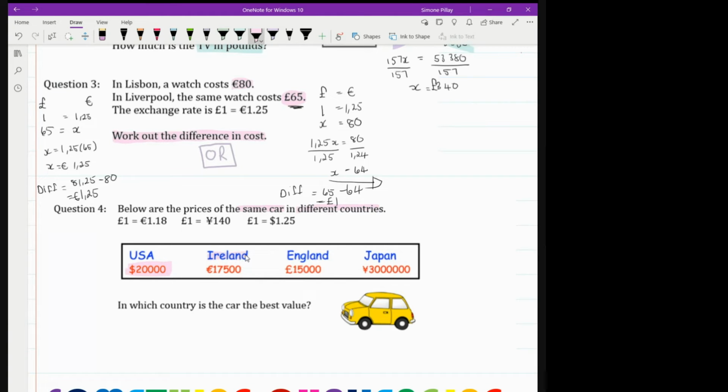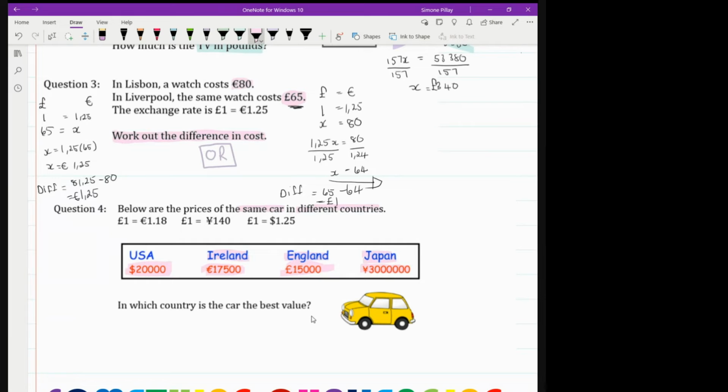In Ireland, the same car is going to cost 17,500 euros. In England, it's going to cost 15,000 pounds. And in Japan, that same car is going to cost 3 million yen. The question is, in which country is the car the best value?